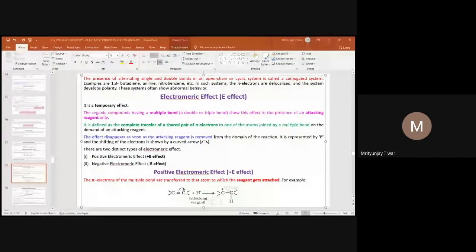So how will it come in conjugation with the filled p orbital or the empty p orbital? It will happen when the CH bond comes in the orientation in which it can have some extent of overlap with the p orbital, whether it is empty or filled.